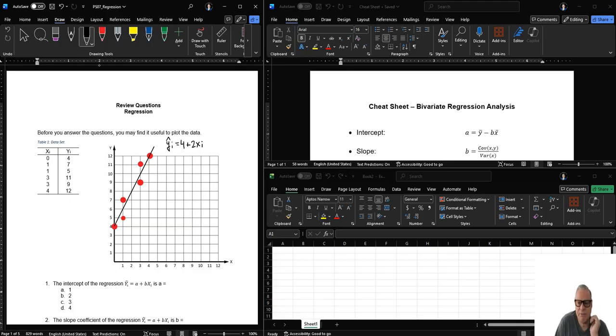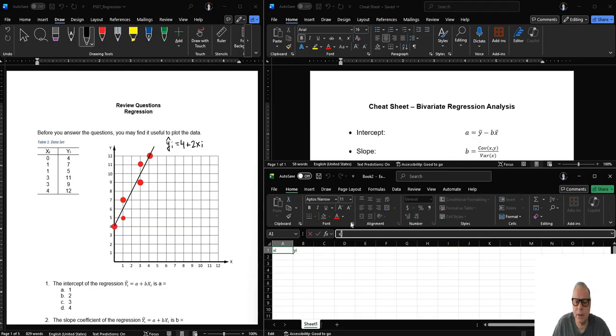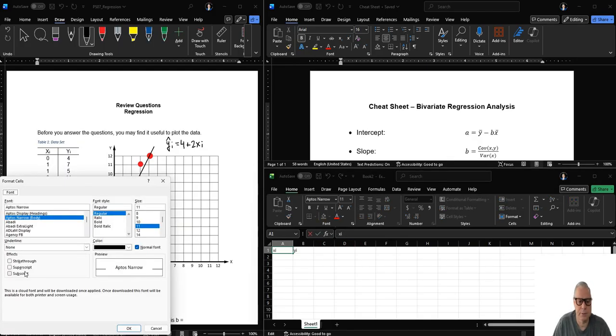But now let's verify that with the formulas that we derived. The first question is, what is the intercept? It's probably 4, but let's create a column for the x_i and the y_i, and let's make it nicely and subscript the i.